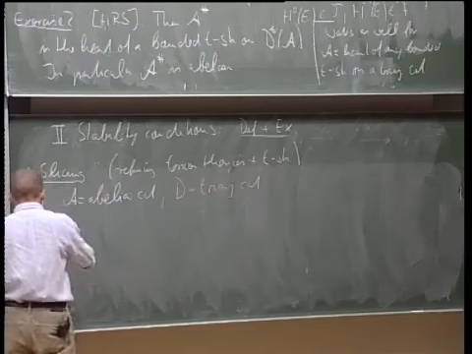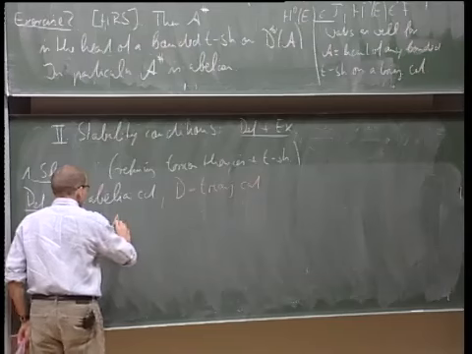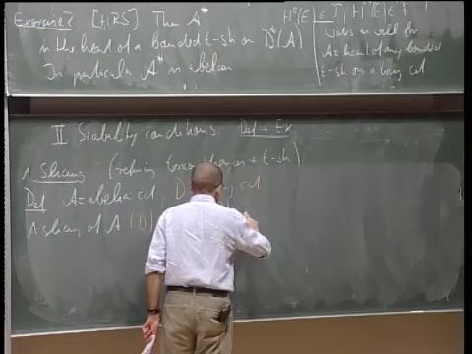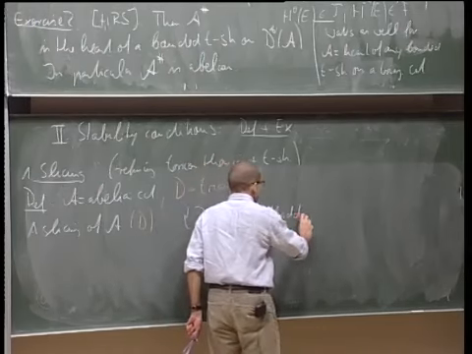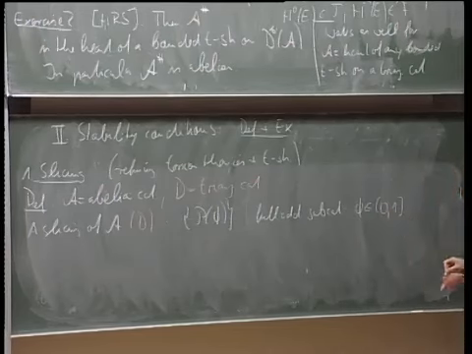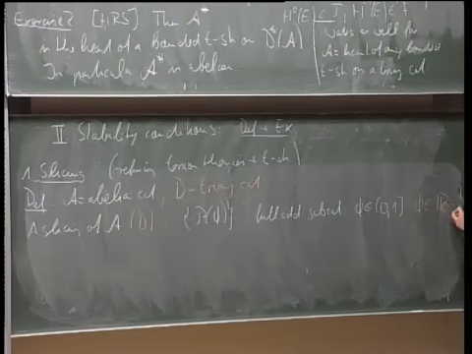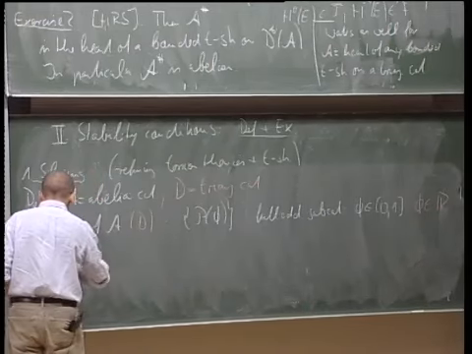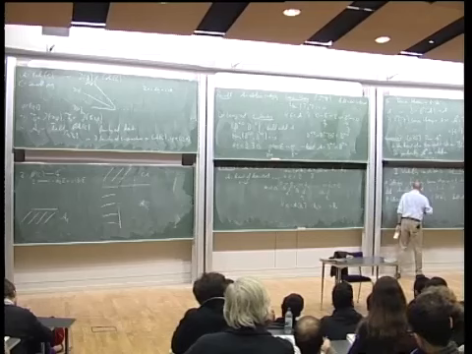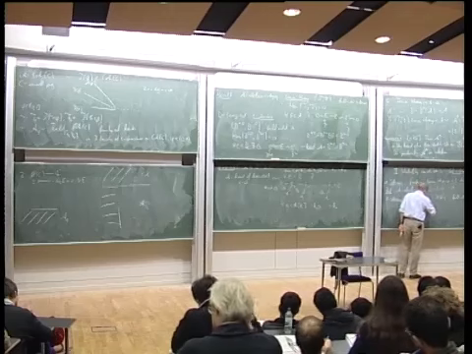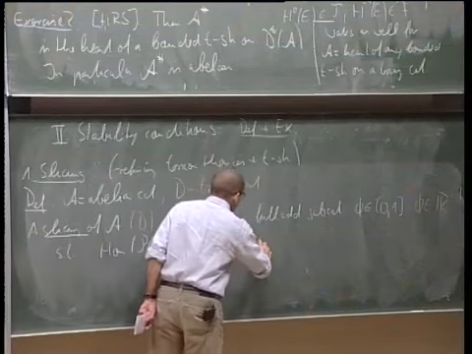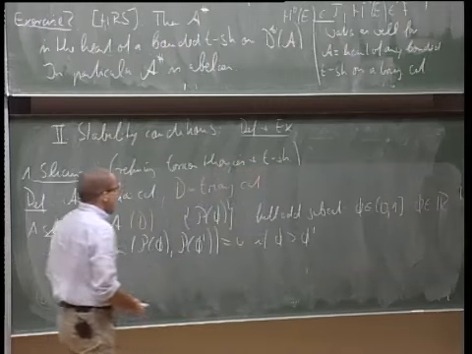Okay, so the slicing of A respectively D is given by a collection of full additive subcategories P(phi), and in the abelian case you want the phi's to be between 0 and 1, and for the triangulated case just any real number, such that first of all, you see, it's really analogous to these other two notions, there are no morphisms from objects in P(phi) to P(phi prime) if the phase phi is bigger than phi prime.